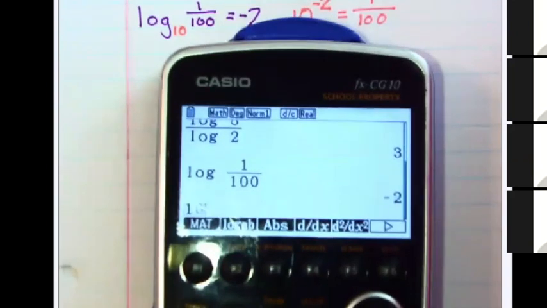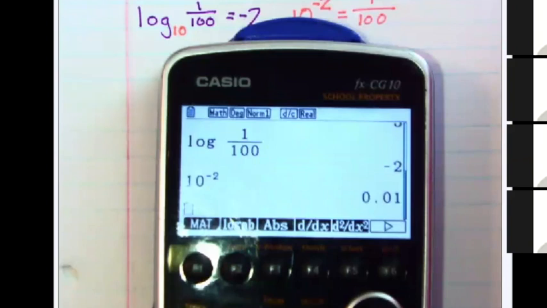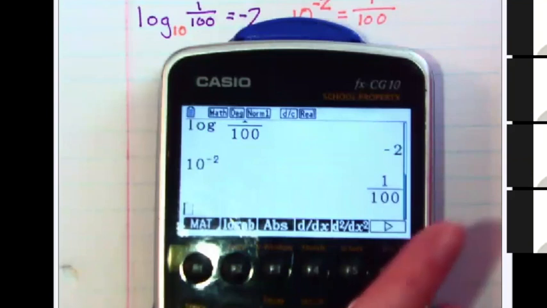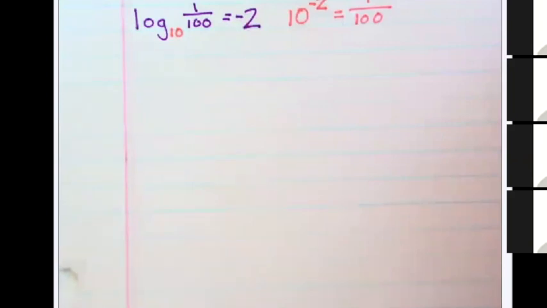If you type in 10 to the -2 power, then we get 1/100. So we can see that they interchange and that they both mean the same thing. So a big part of this is just knowing how to change from one form to the other form. Let's do one more like that.